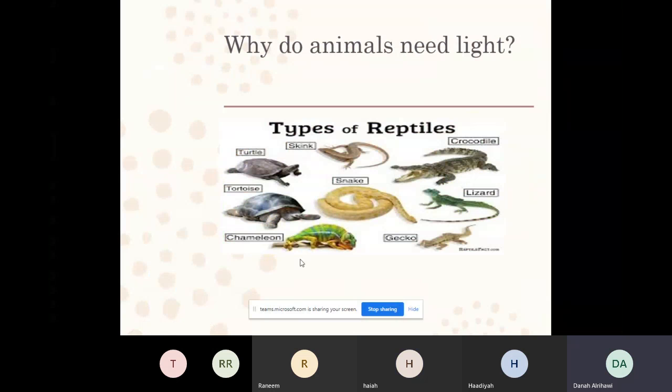Razan, can you give me another living thing that needs sunlight?